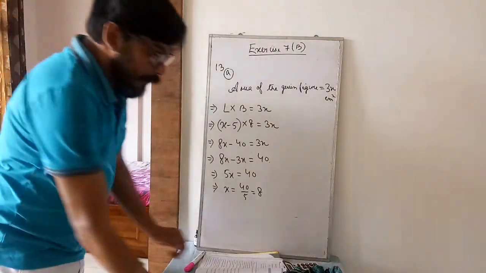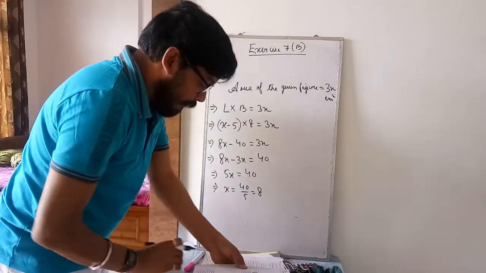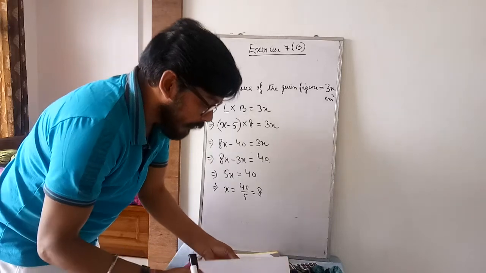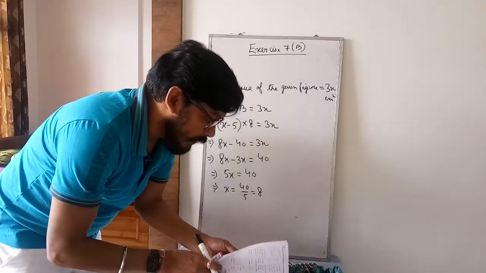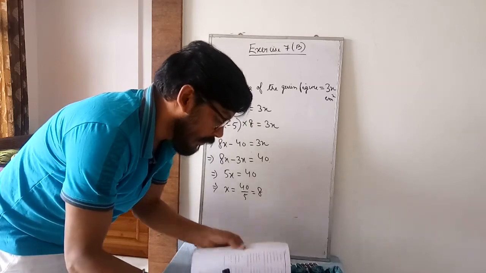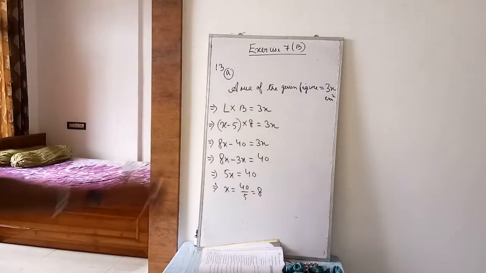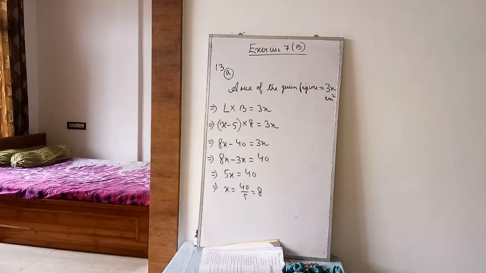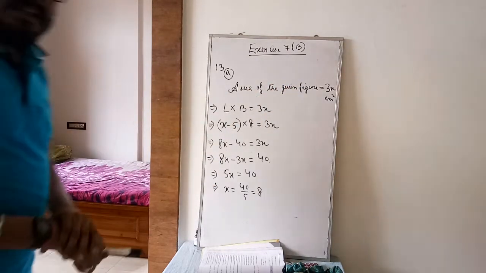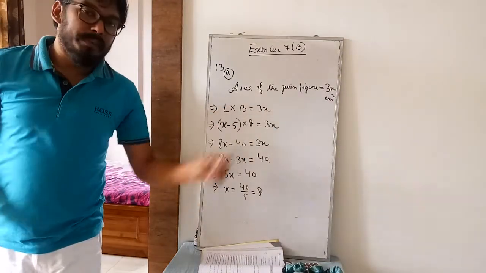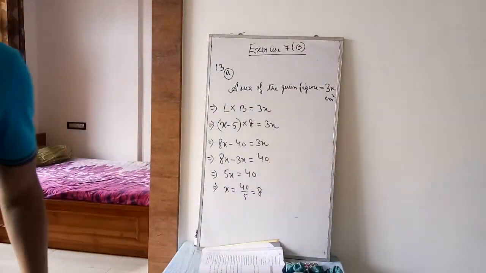So this is the value of x. Let me check it, in case any silly mistake is done, then I can rectify it. x equal to 8. So clear? Take the screenshot. The area of the figure was given as 3x centimeter square and the figure is rectangular in shape, so length into breadth equal to 3x. So take the screenshot.